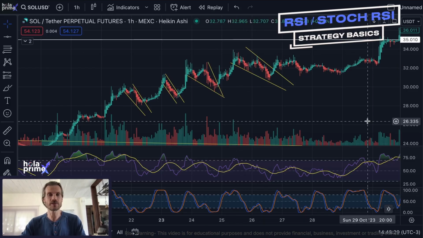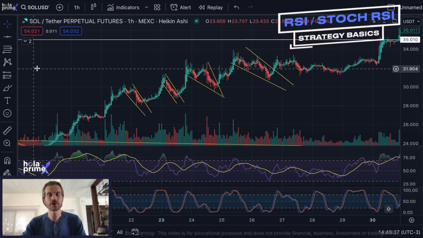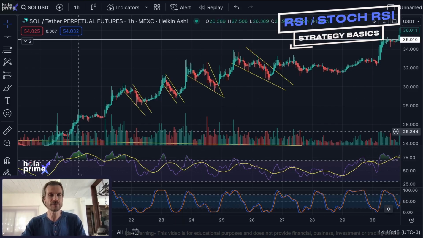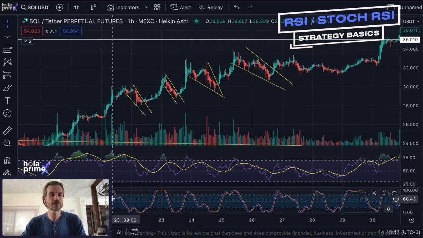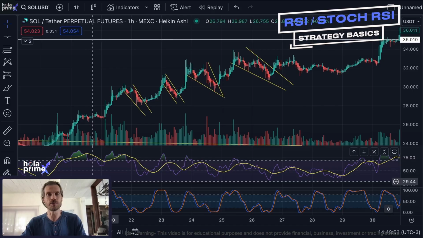This is just an example of how you can use the RSI in a basic way. Now in this case, the RSI and the stock RSI are working pretty well in lockstep, but on different time frames and under different circumstances, they may diverge slightly. And then you might switch to using the stock RSI more than the traditional RSI, or vice versa.